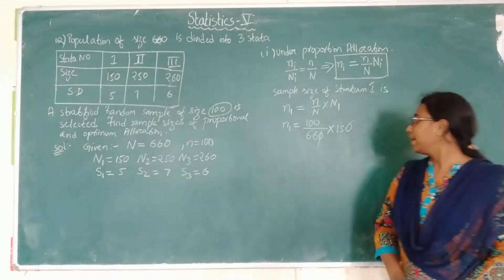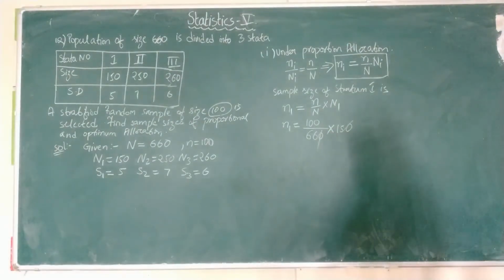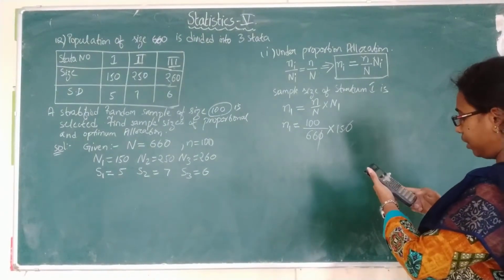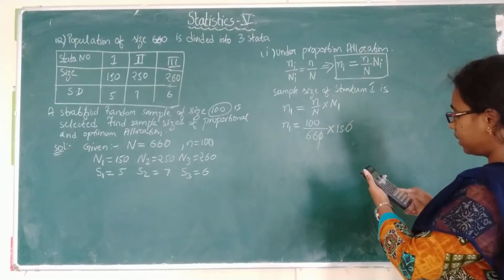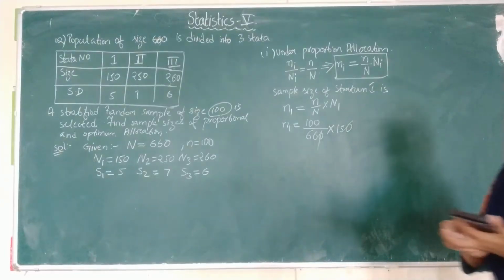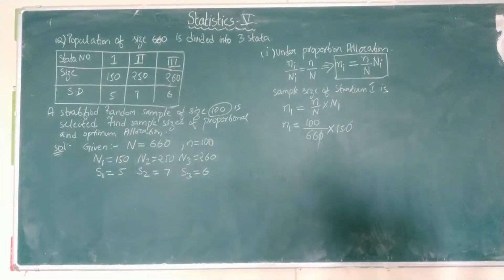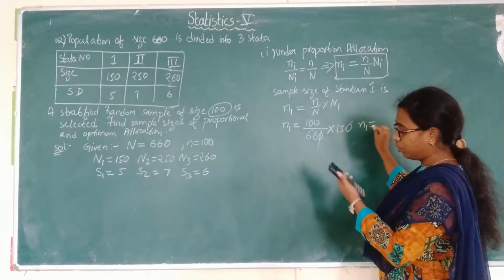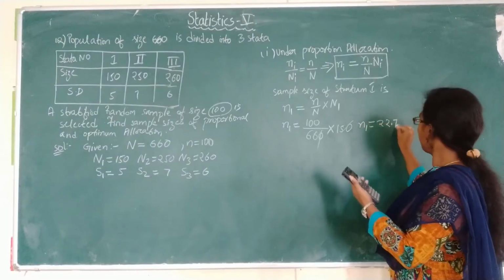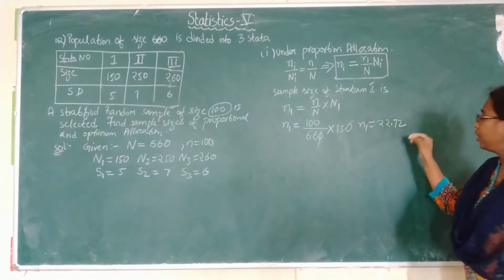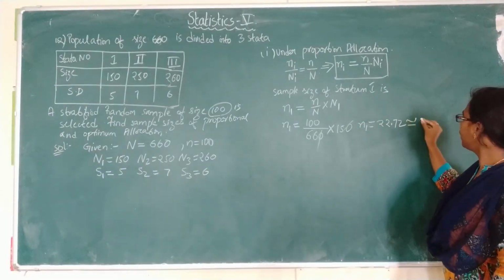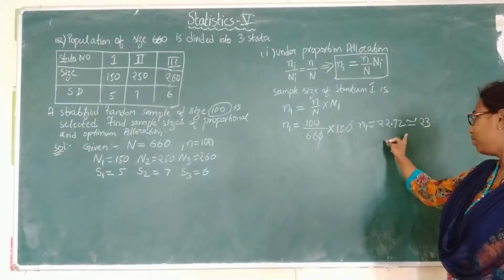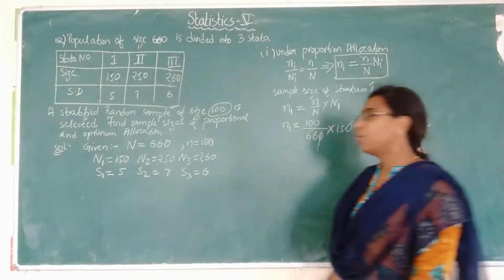So 100 into 15 divided by 66 gives n1 equals 22.72, which is approximately 23. Rounding off, you will get the first sample size as 23.